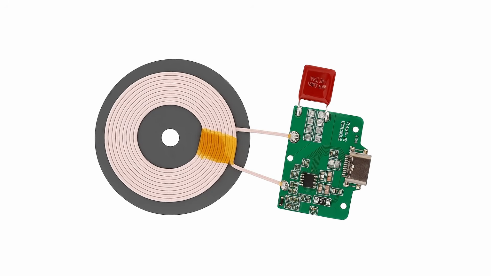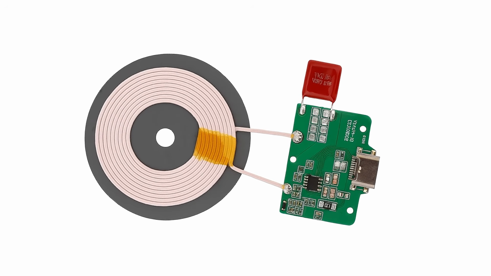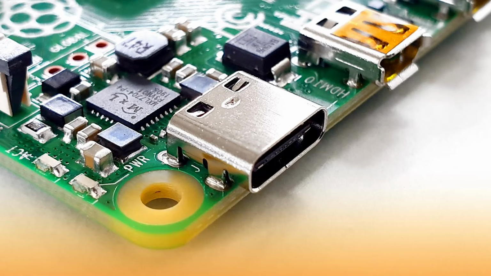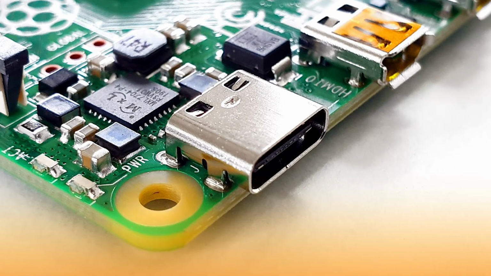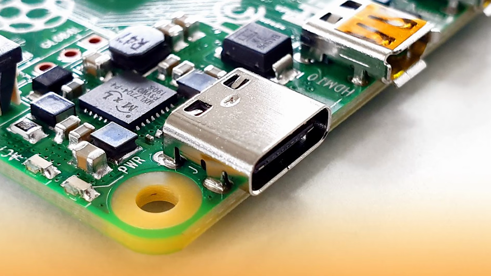For example, one of the most common examples I see is wanting to add wireless charging to a product. It sounds great in theory, and for some products, it's really necessary. But for most products, a simple USB-C charging connector is cheaper, easier to implement, and more user-friendly.